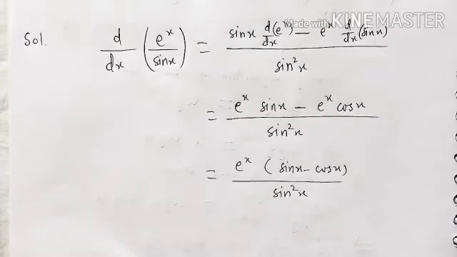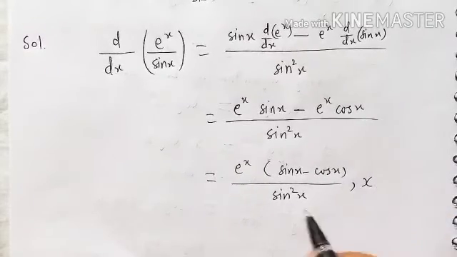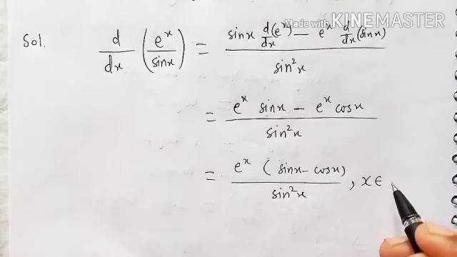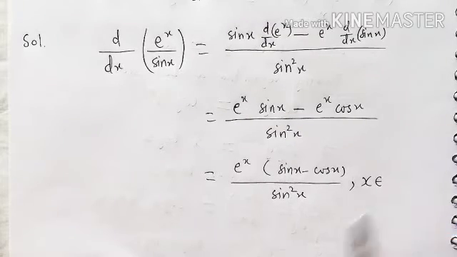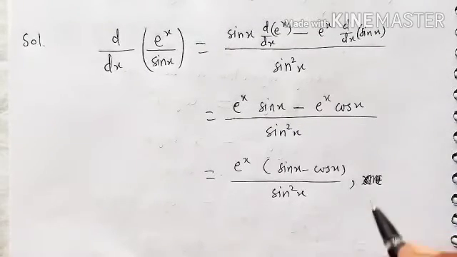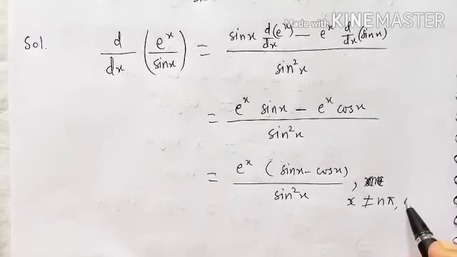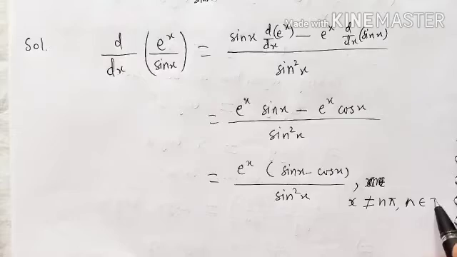Here sin x should not be equal to 0, so x is not equal to n pi, where n belongs to the set of integers.